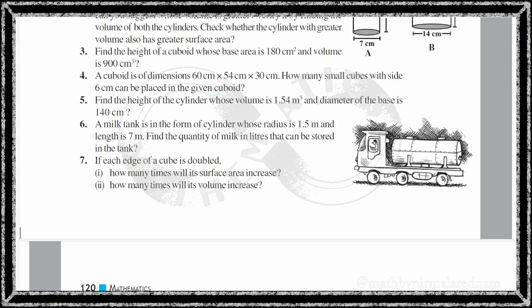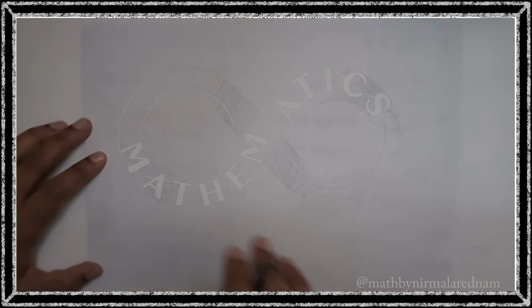Next question, the last question. If each edge of a cube is doubled, how many times will its surface area increase? Now, we should always look at the formula in order to answer these questions, because you cannot always get an accurate answer from intuition.